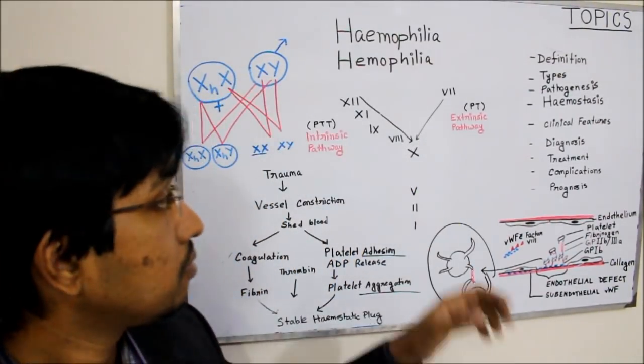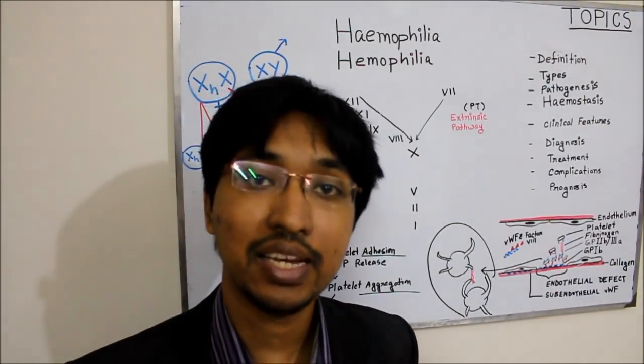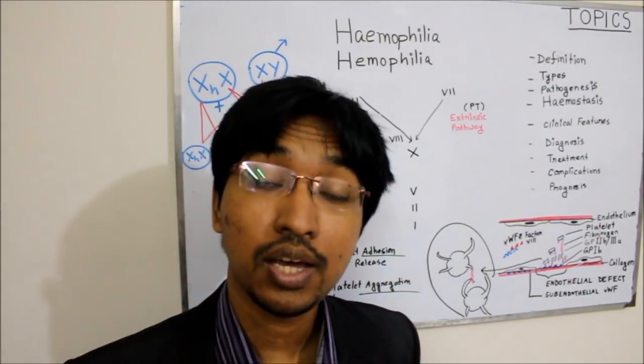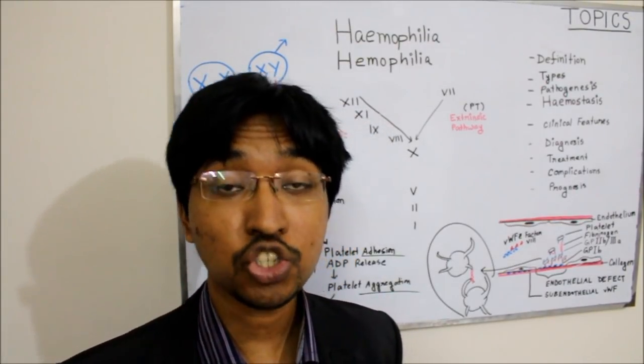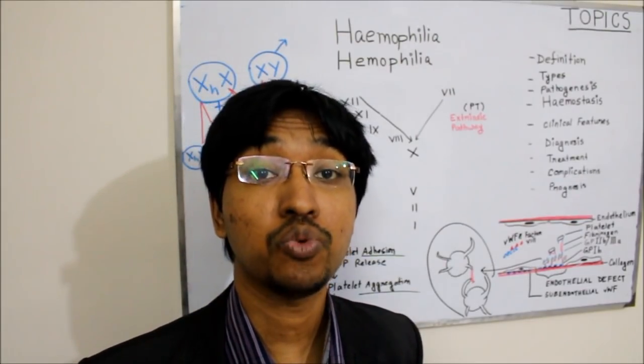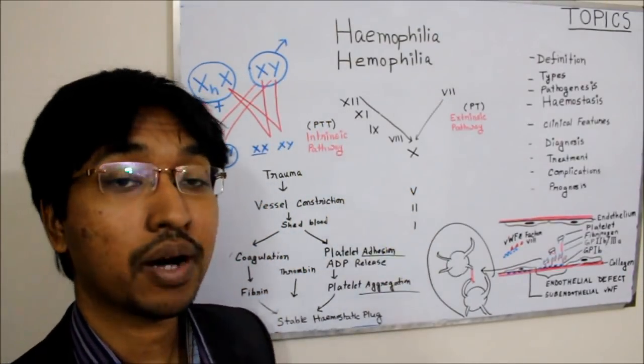Recall that PT means prothrombin time, and prothrombin time gets elevated when there is some problem in the extrinsic pathway, and PTT means partial thromboplastin time, and partial thromboplastin time will get elevated if there is any problem in the intrinsic pathway.